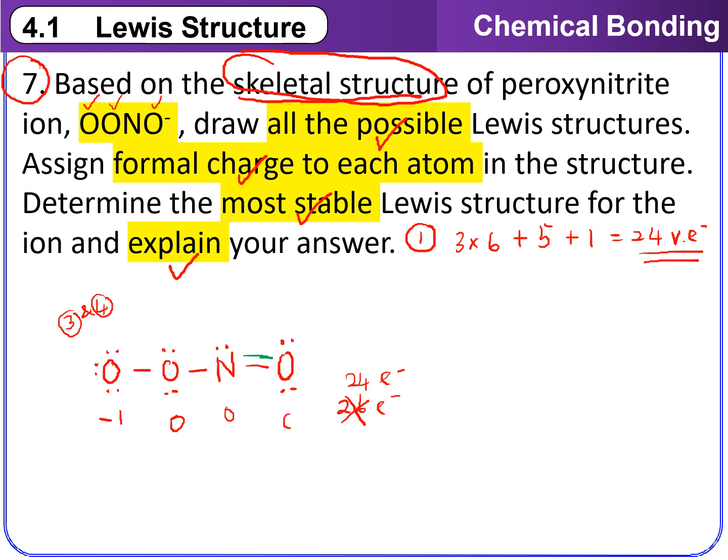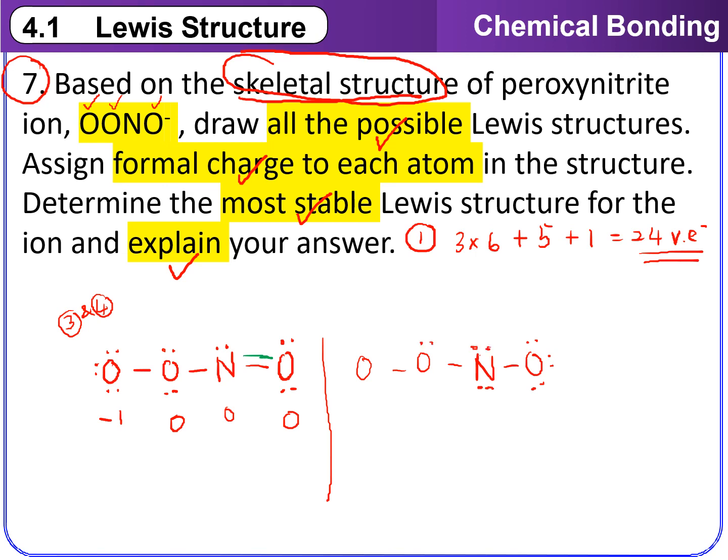Okay, after we draw the first Lewis structure here, again, I think you will have the idea. Basically, we can form another way round. Okay, maybe we try to look at another structure. Still O, O, and O. How about if this time we assign the electrons from the right side? 2, 4, 6, and then here needs another 2 lone pairs.